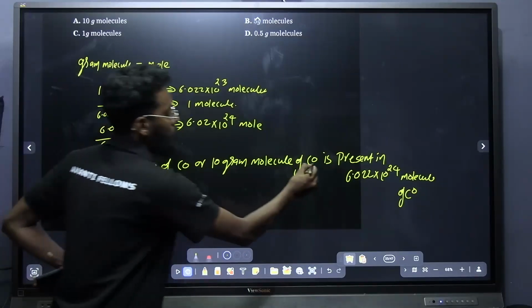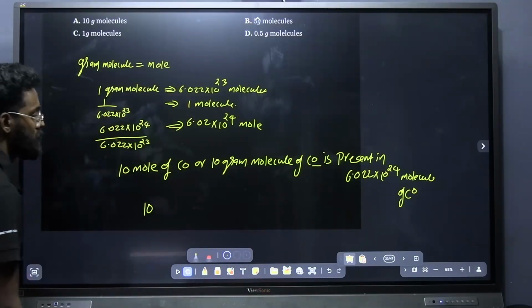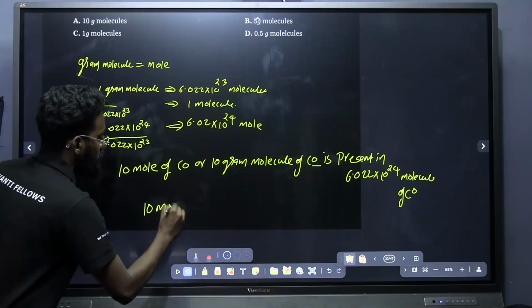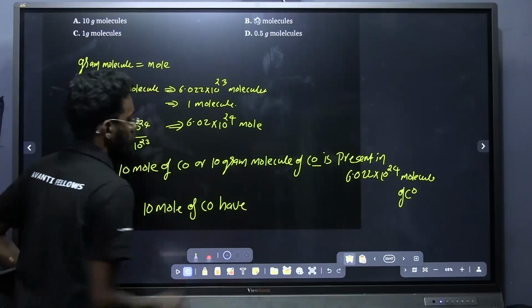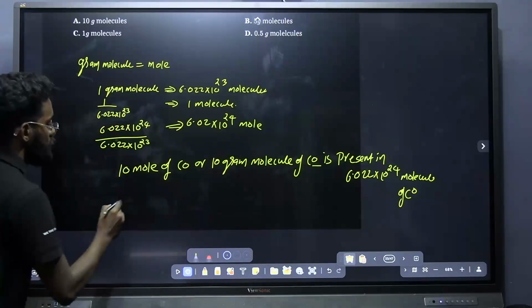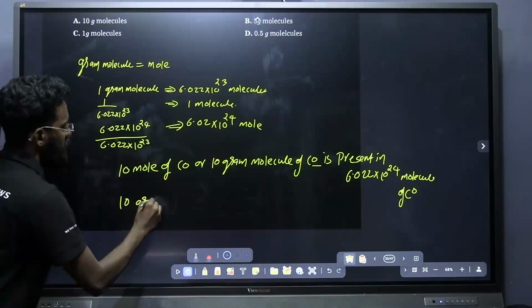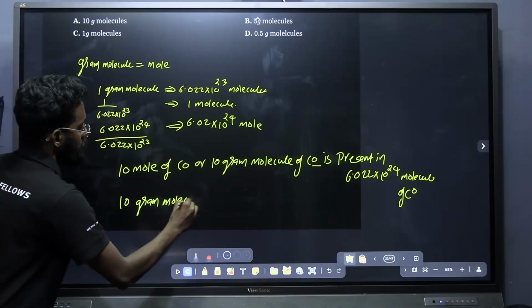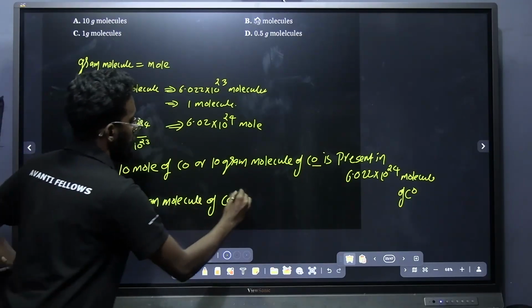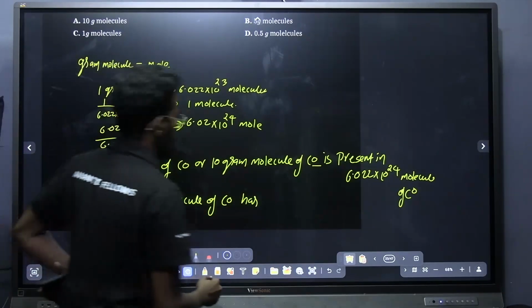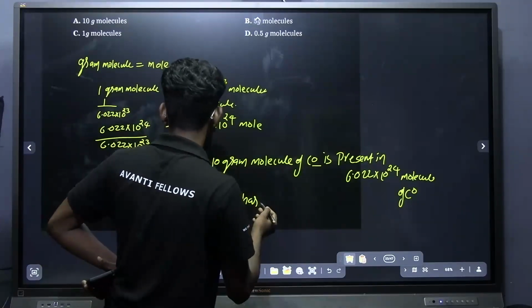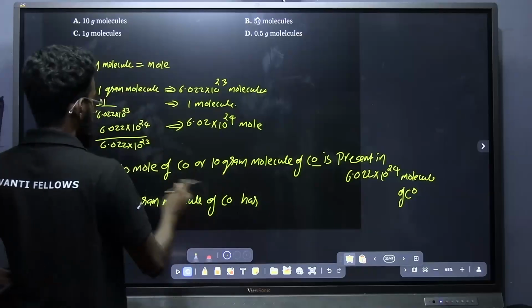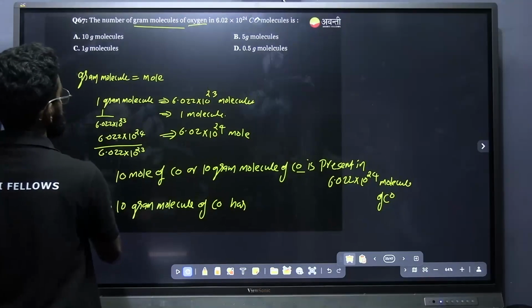We know that 1 mole of CO, or 1 gram molecule of CO, has 1 oxygen atom, which means 10 gram molecules of CO have 10 oxygen atoms. It is asking about oxygen atoms, right?